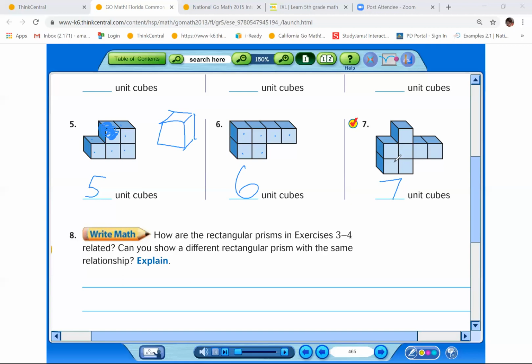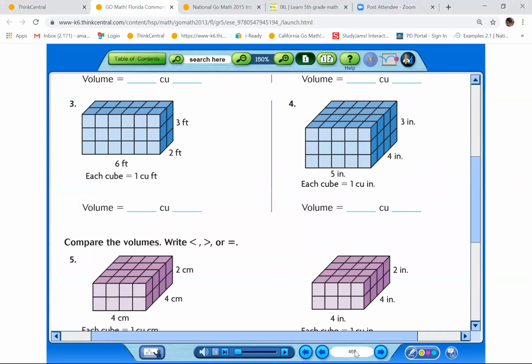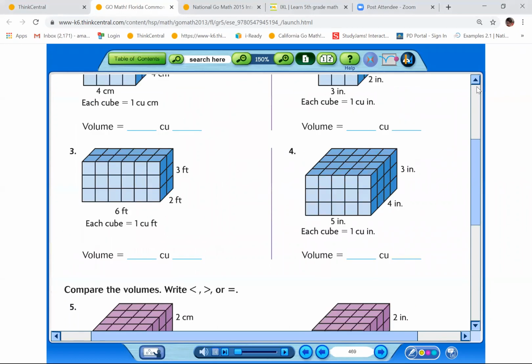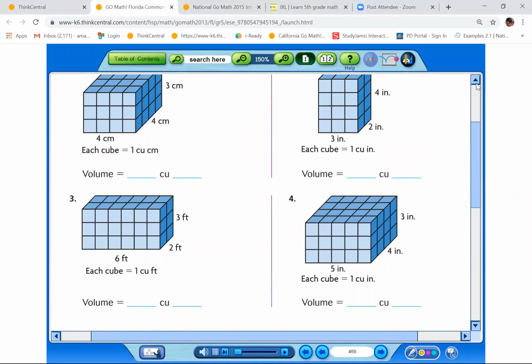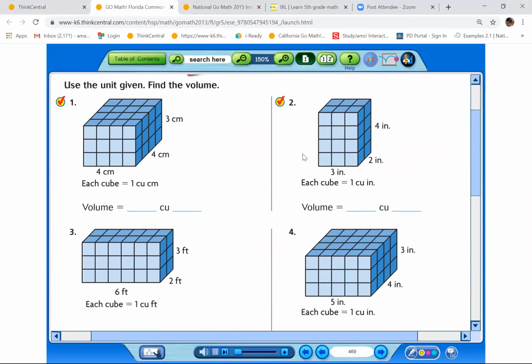Awesome. All right. Let's flip over to the next one, which is page 469. Okay, so now we're talking about, instead of just counting those cubes, which you can continue to do here, but it gets to be a little bit challenging when you have large figures like this.